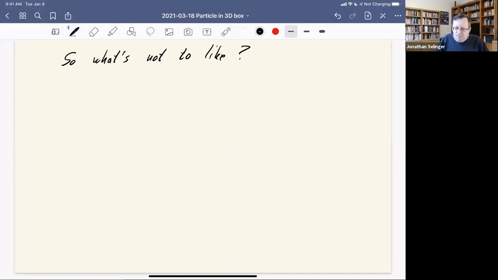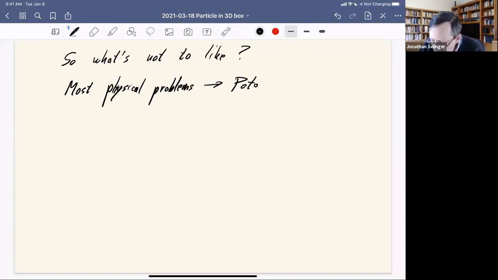And so the problem, the reason for wanting to do something that's more complicated, is that in most physical situations, in most physical problems, the potential energy is not a simple function of x, y, and z.